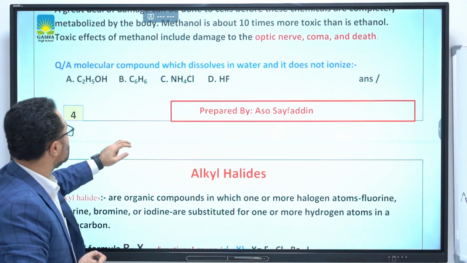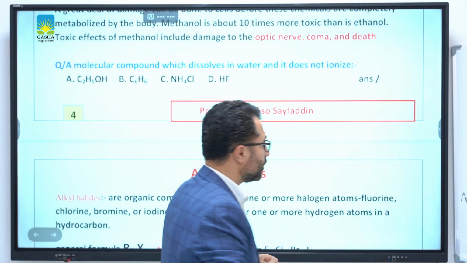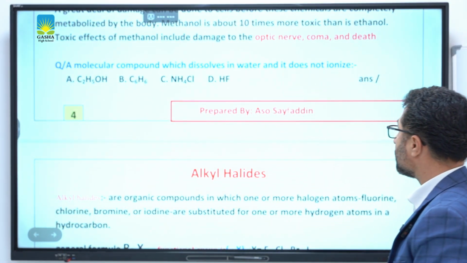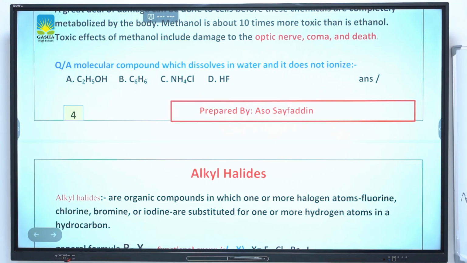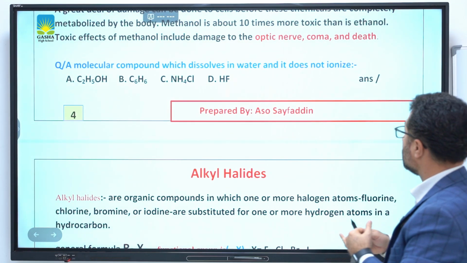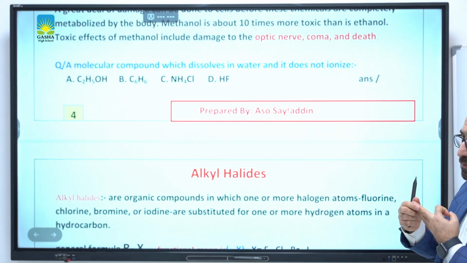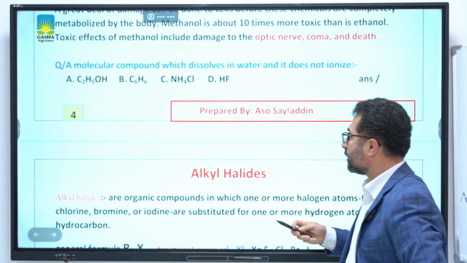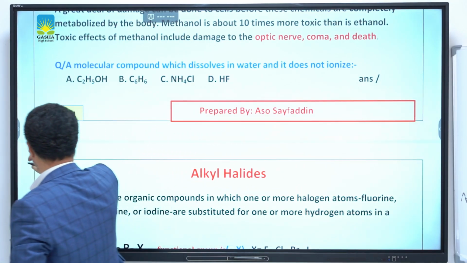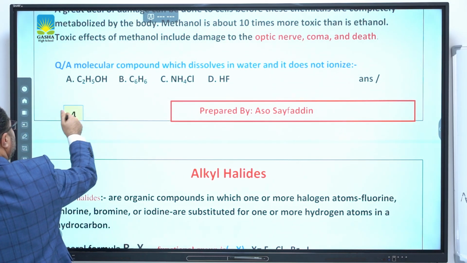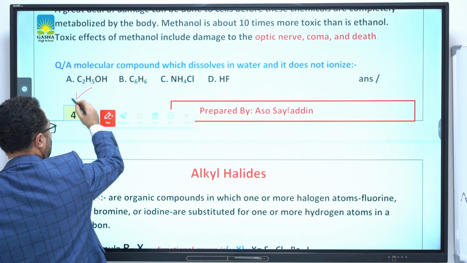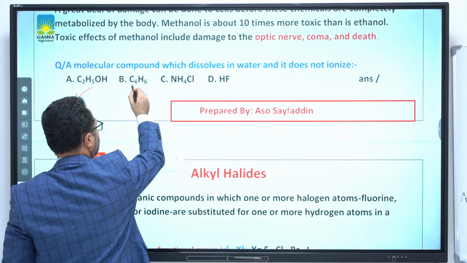A molecular compound which dissolves in water and doesn't ionize. That means it's not acid, it's not base, it's not salt. Which one can dissolve in water? At first, A can dissolve in water because it's alcohol. Benzene cannot dissolve in water.